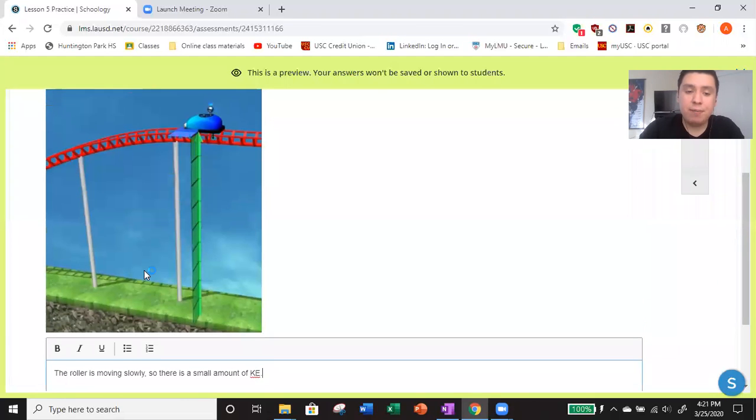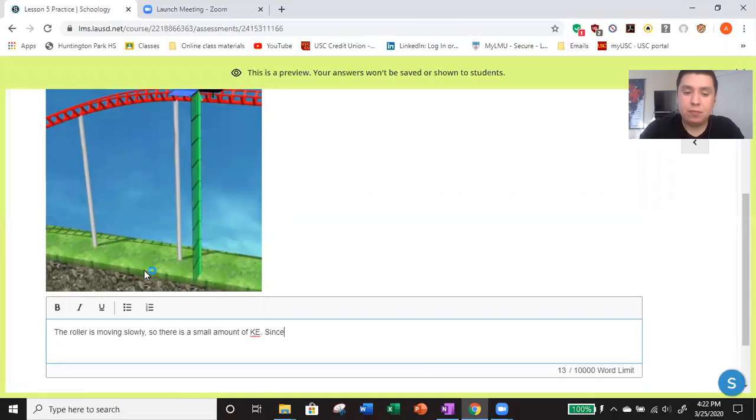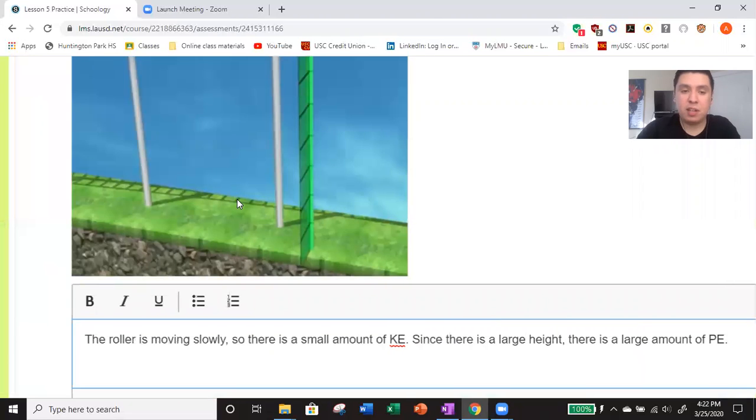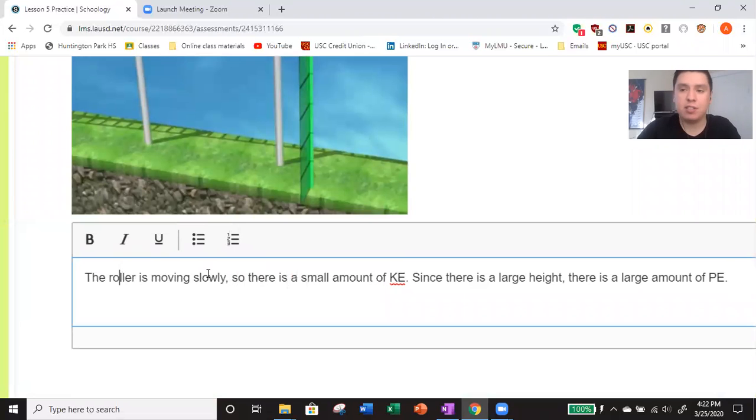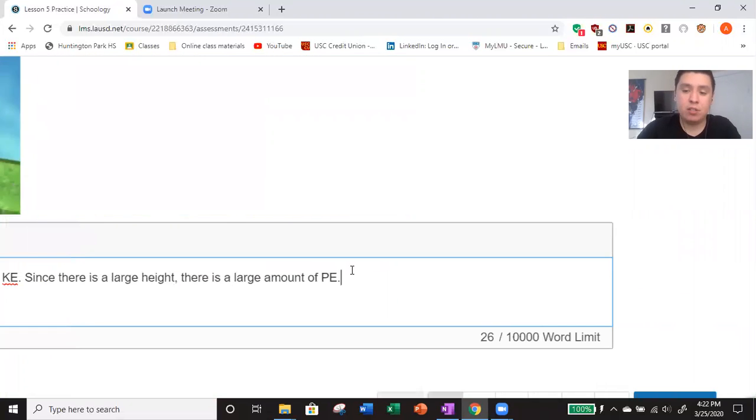Since there's a large height, there is a large amount of potential energy. Nothing else. Just basically which one's big, which one's low, and is there anything else? No. If there's no other energy, you don't want to list it. Right? So that's all for here.